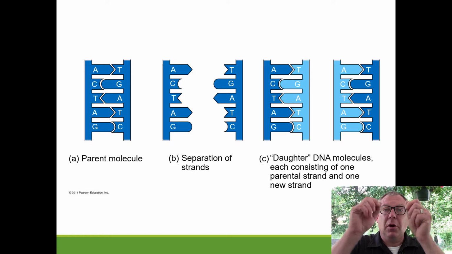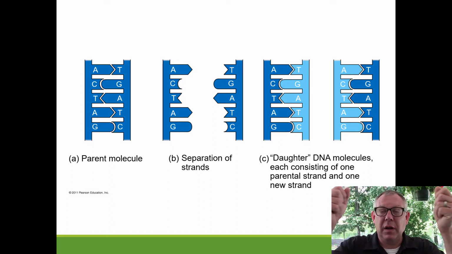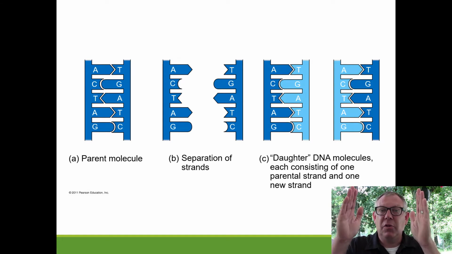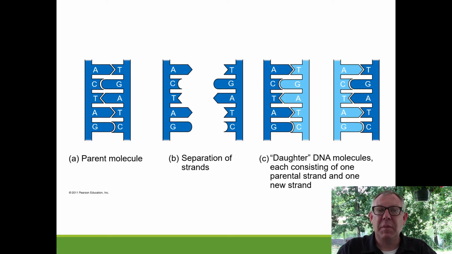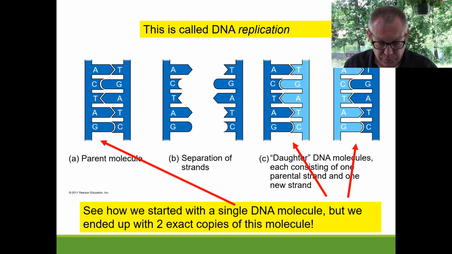And I started with a double-stranded DNA, and I separated the strands. Well, now I can do this. I can do the A with T, C with G for each of those strands. And so for each of those strands, I can fill in the complementary strand for each of those original strands. That's DNA replication.